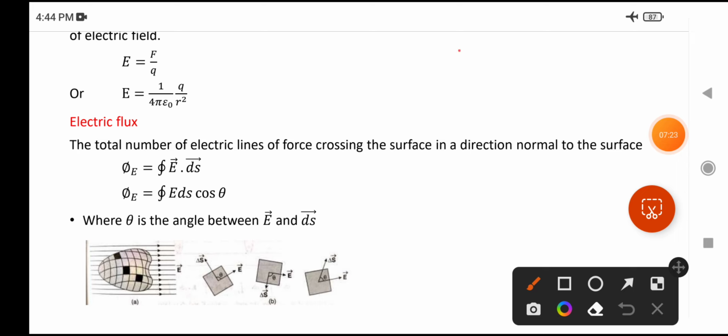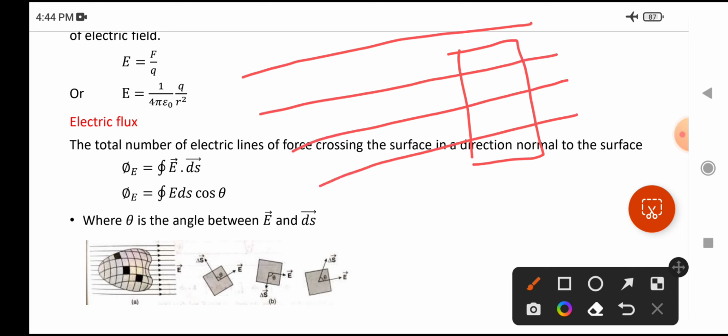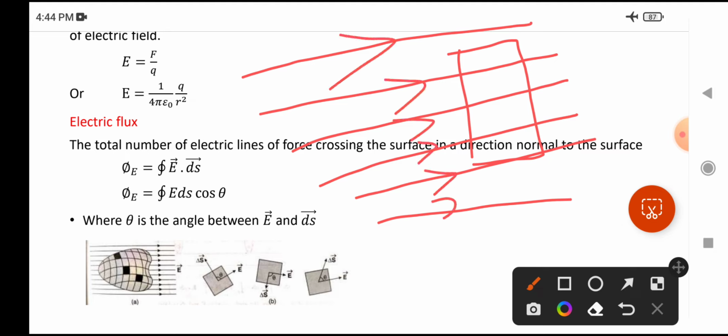For example, let me keep a paper like this. From this side, electric lines are moving in this direction through this surface. Let these lines be exactly perpendicular to this surface.